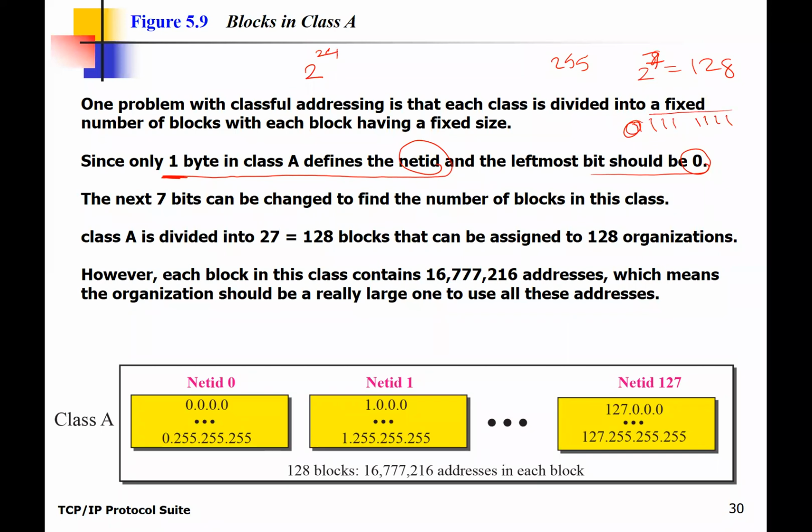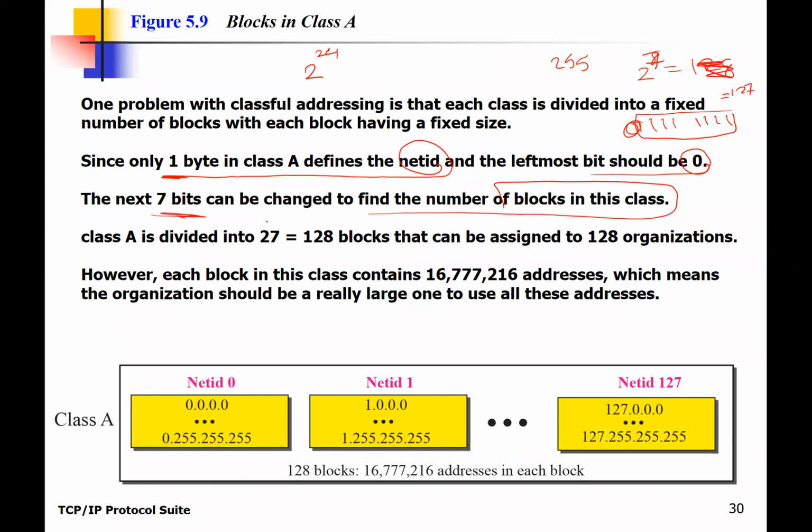Then these 7 bits can change and define the network. When these 7 are 1111111, what will the answer be? 127, not 128, if you add them up. Perfect. So the next 7 bits define the number of blocks in this class.